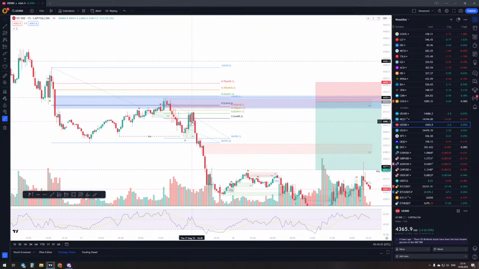Sometimes, when I show you some examples, especially on Friday, when the picture is not clear, you have to wait. But usually, if you can see something like this, it's obvious we will go lower.